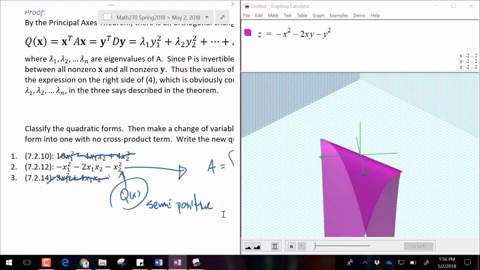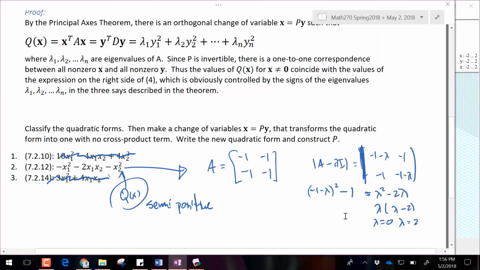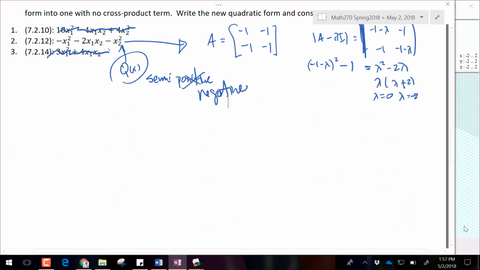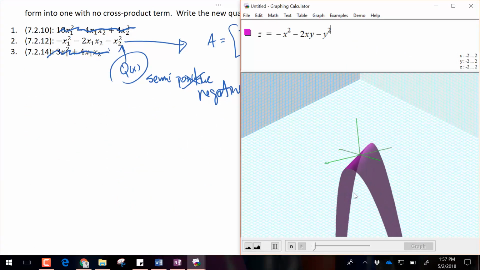How come it's going down? Did we do something wrong? Ah, plus. That's a good thing we checked. So it's semi-negative, there's a whole row of zeros here that you're looking at.